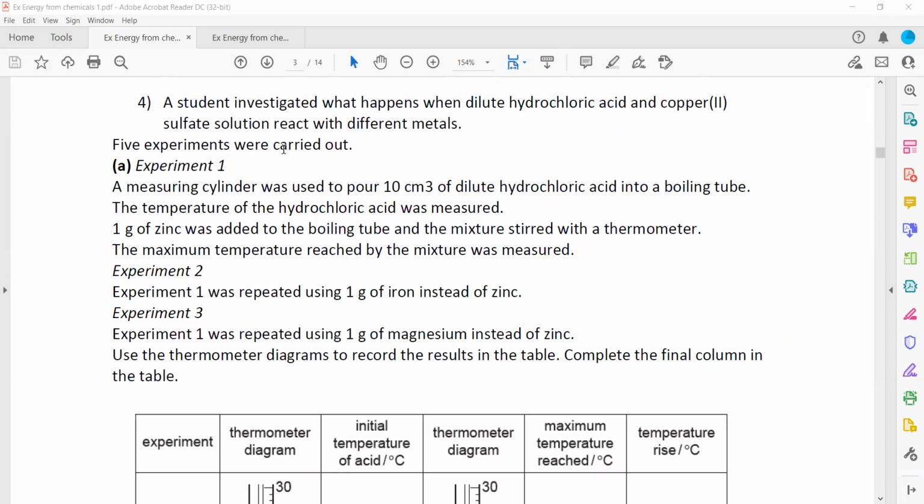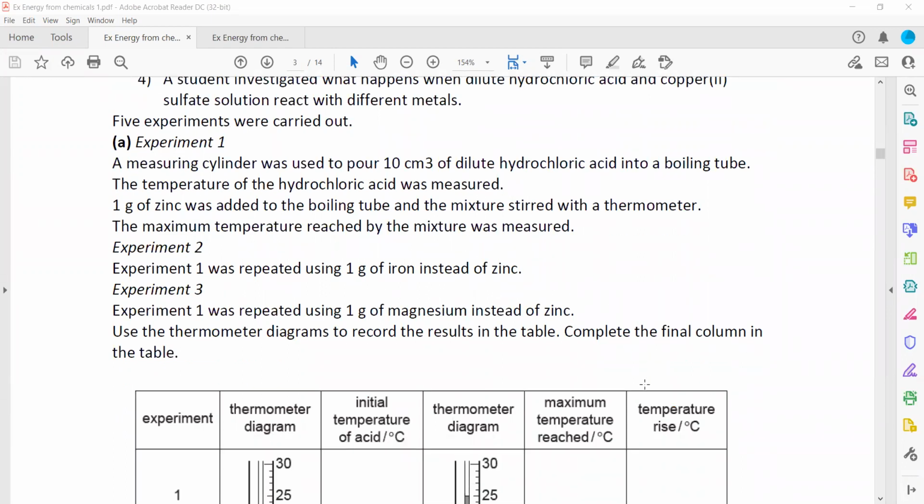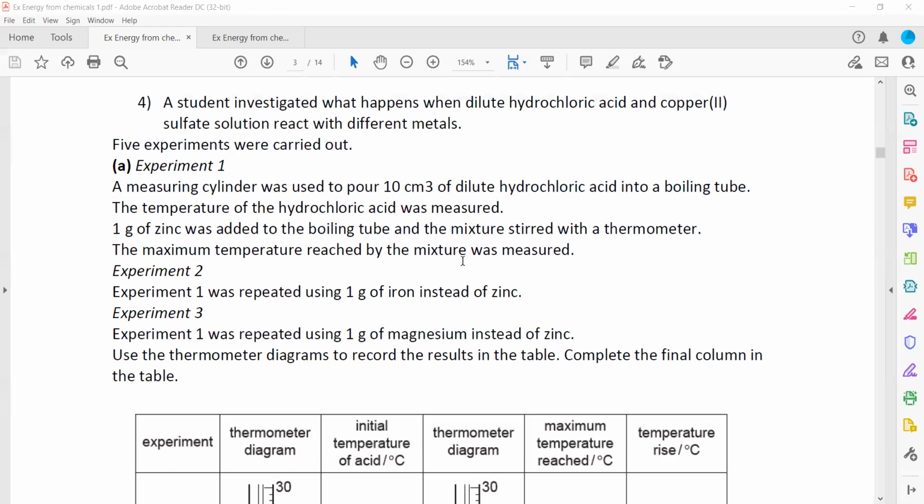In this question, a student investigated what happened when dilute hydrochloric acid and copper 2 sulfate solution react with different metals. So this experiment is done. The student is finding what happened when dilute hydrochloric acid reacted with copper 2 sulfate solution.